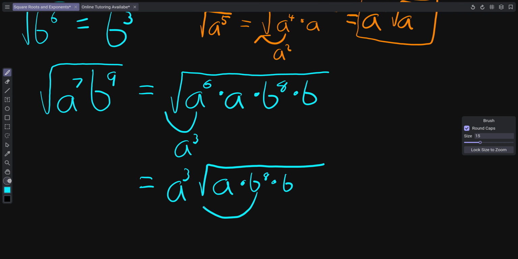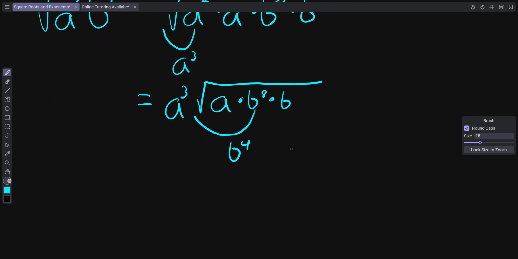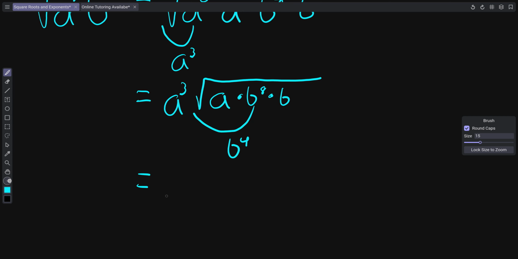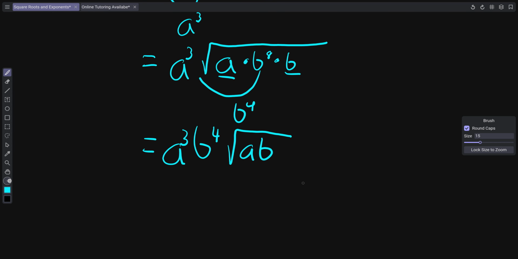Finally, you can move b to the 8th out. This is going to become b to the 4th. And finally, we are left with a to the 3rd, b to the 4th, and the a and b here get left in. So a to the 3rd, b to the 4th, and the square root of ab. This is our final answer.